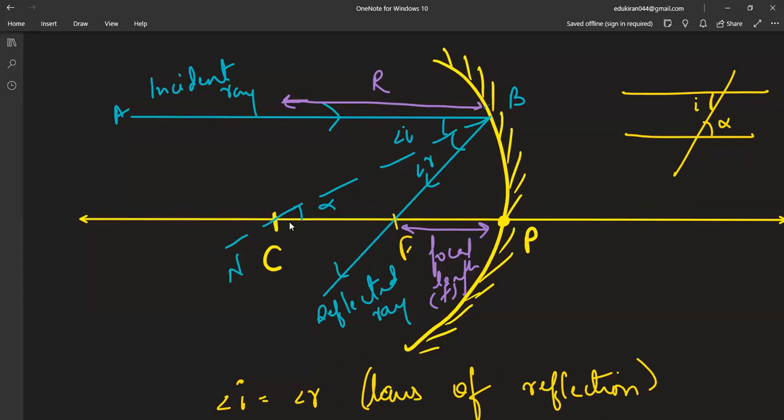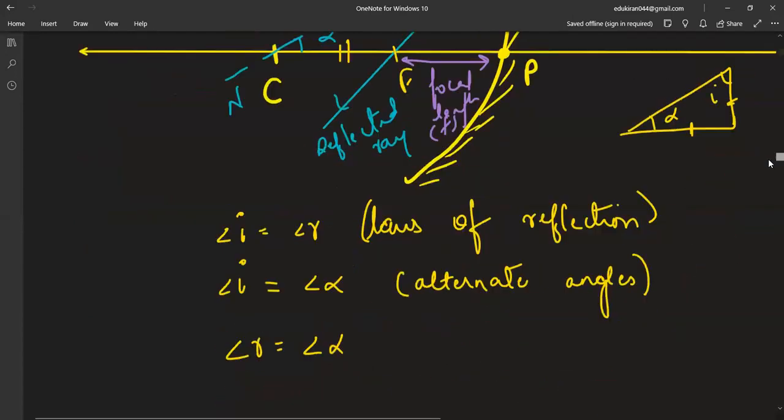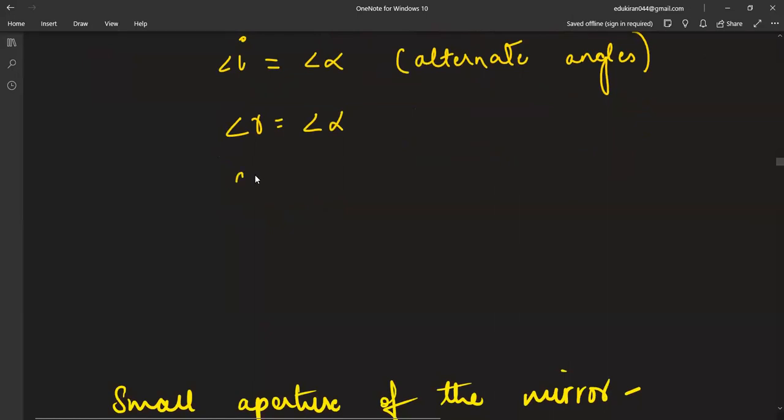If two angles are equal, their opposite sides also have to be equal. It means CF is equal to FB. So you can say CF is equal to BF.